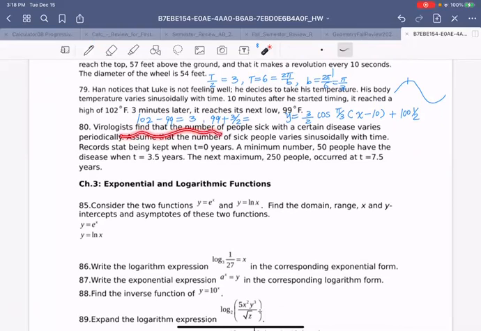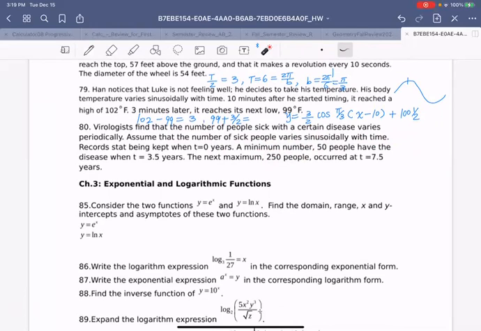So those are the number of people sick with a certain disease. Assume the number of sick people varies with time. Starting from t equals 0, the minimum number is 50 people have the disease, and then the max number is 250 people.